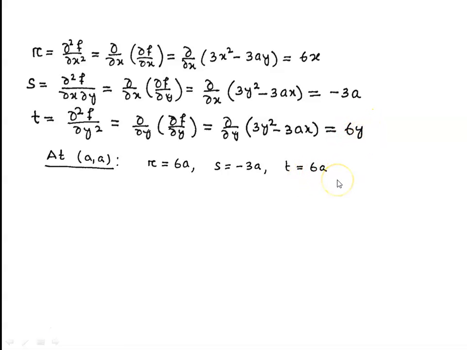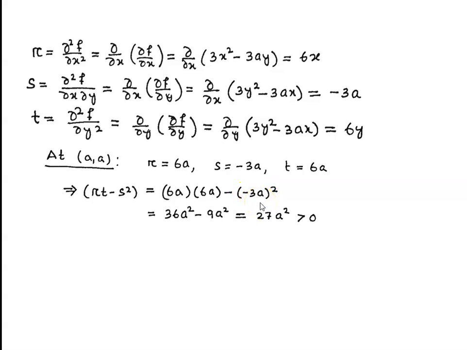Now the value of rt minus s square is, our r is 6a into t is 6a minus s square. Our s is minus 3a, so s square is 9a square. That is 36a square minus 9a square, which is 27a square. It is a positive number.